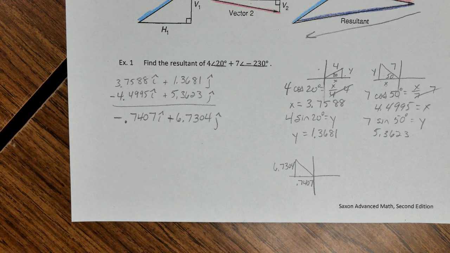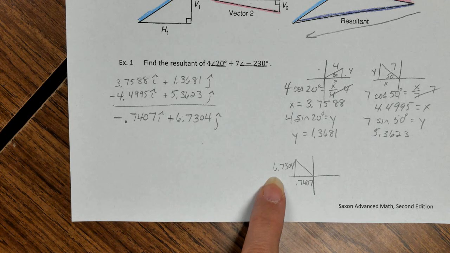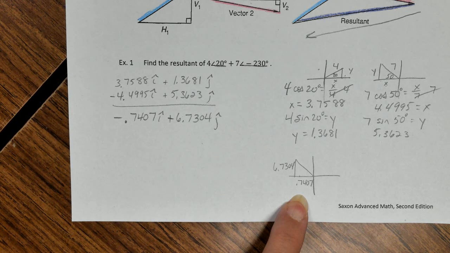So we'll be doing the square root of 6.7304 squared plus 0.7407 squared.